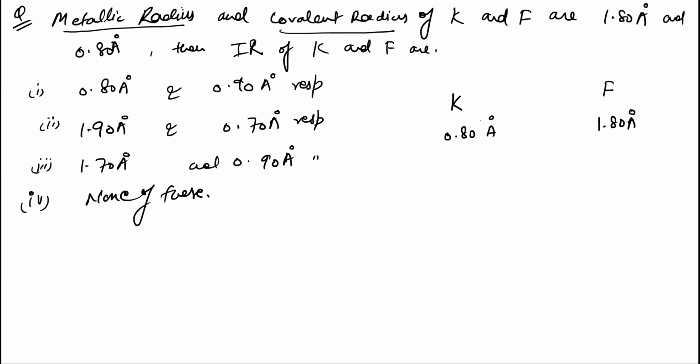Okay, then tell me which one is going to have the highest metallic radius. Which one is going to have, I mean, what are the ionic radius of potassium and fluorine? Tell me what are the ionic radius of fluorine and potassium. Tell me fast.